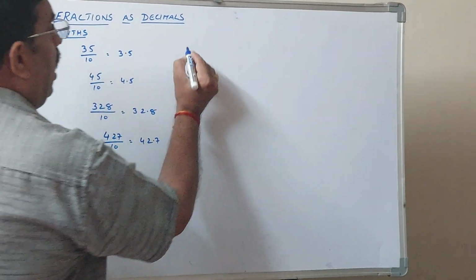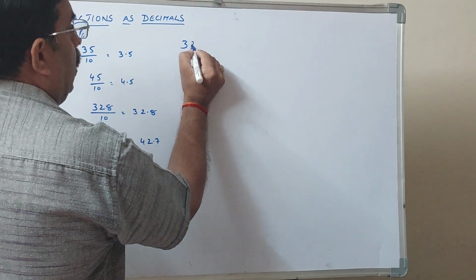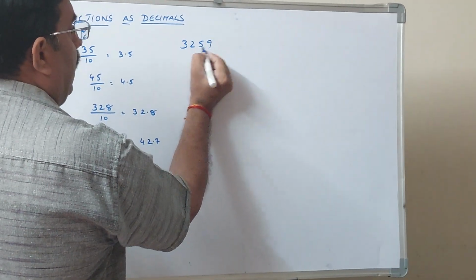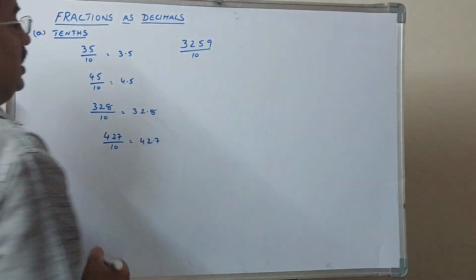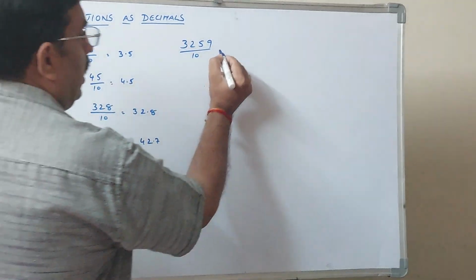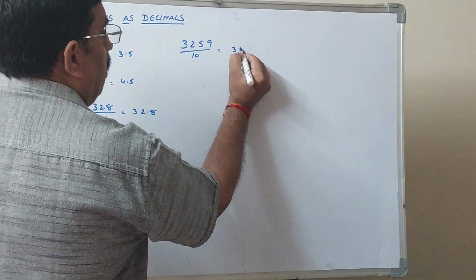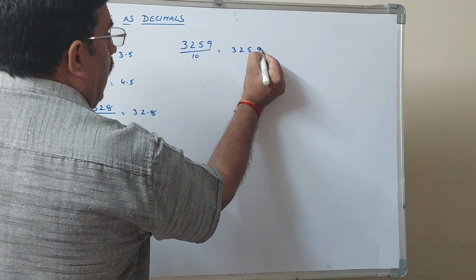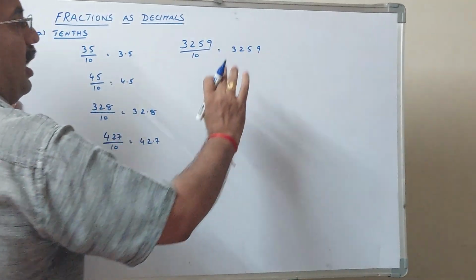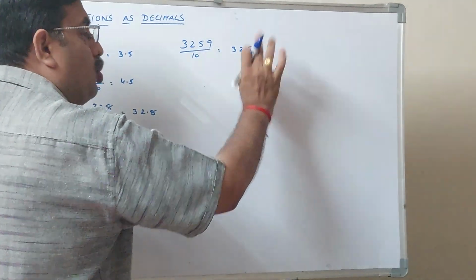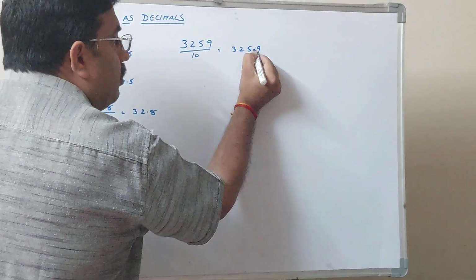Clear? If I ask you 3259 by 10, this is a fraction. Convert to decimals, how do you write it down? Write the number again, 3259, leave the rightmost digit and put the decimal point.